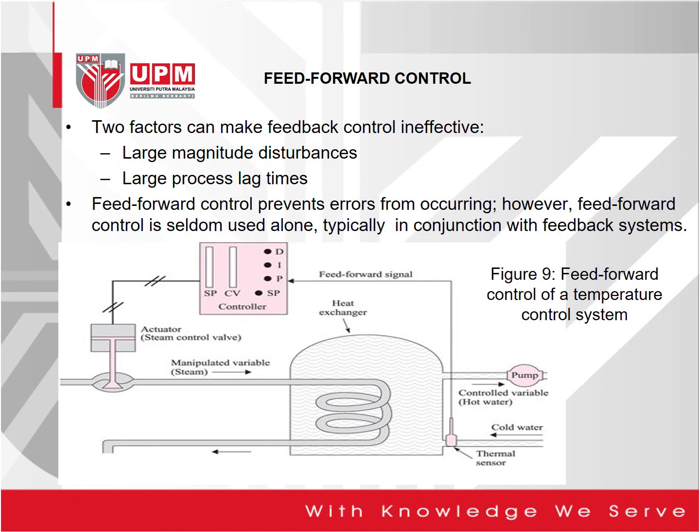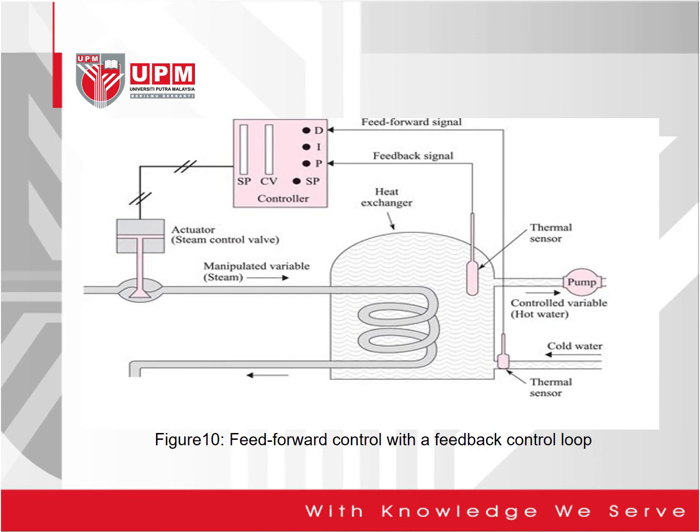From the figure you can see the feed-forward control of a temperature control system. The input for the feed-forward signal is from the cool water, where the thermal sensor is introduced for the feed-forward signal. This is an example of how to design the feed-forward control together with the feedback control loop.